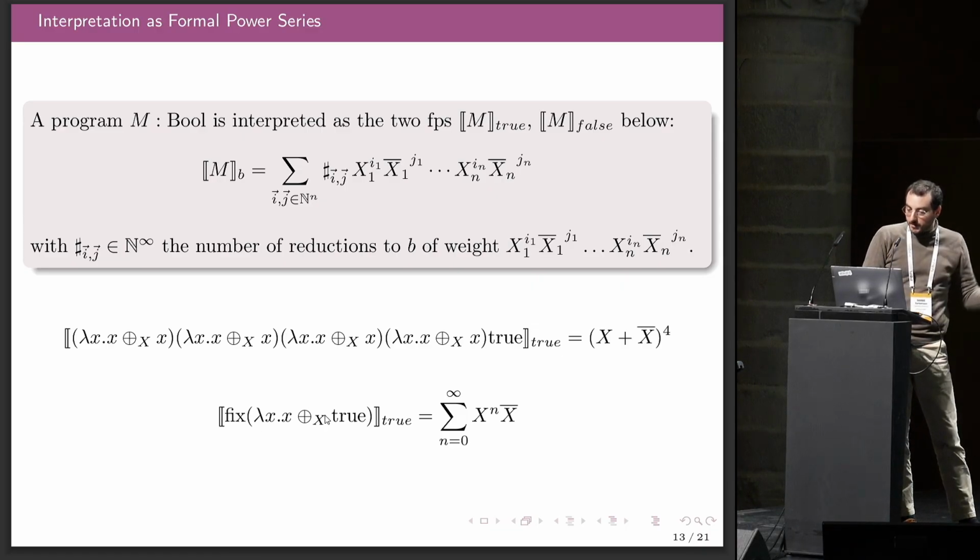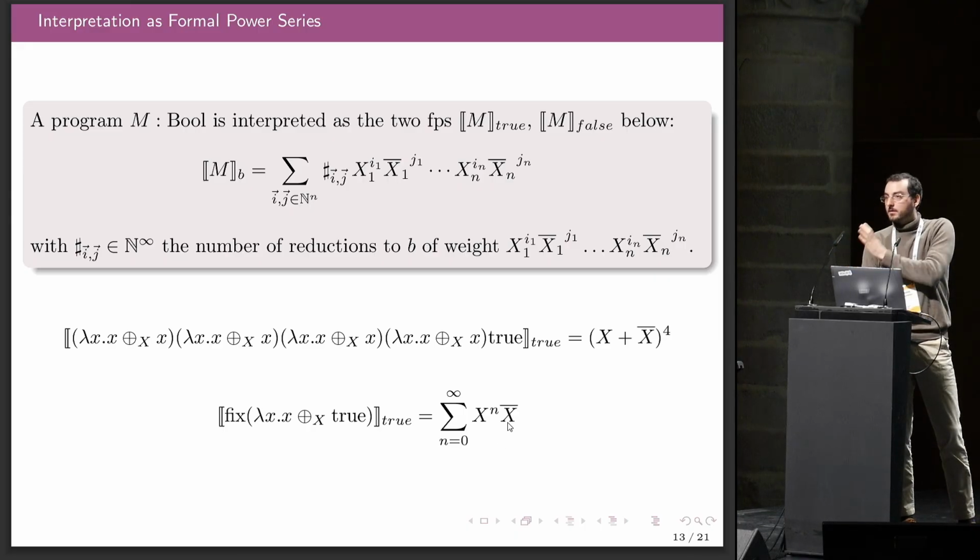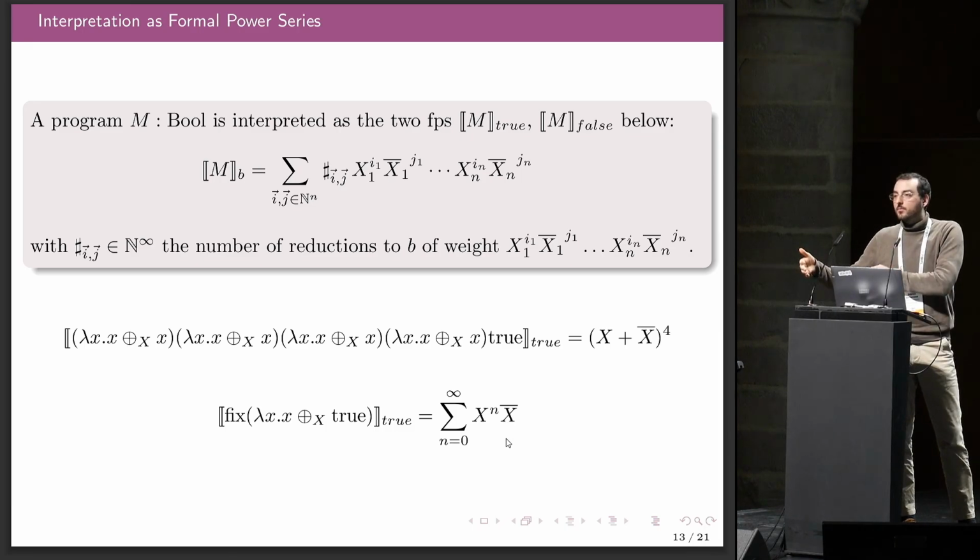And so we can compute the denotation of this program, and this would give this power series. Now you see that it's an infinite series, and this precisely corresponds to all the possible reductions of this program to true, and you can see it because maybe we find heads at the first iteration, so we only have to go right, so x bar, or maybe we find it at the second one, so we have to go 1 time left and then right, or 2 times left and 1 right, and so on.